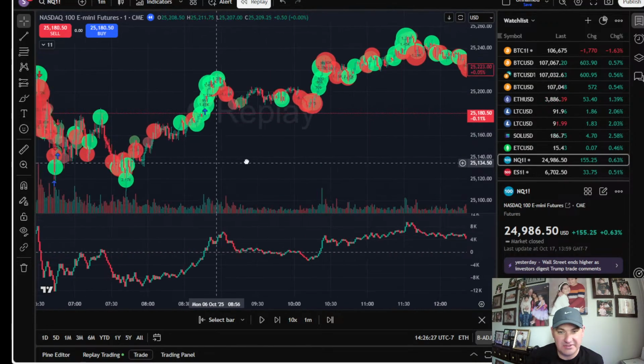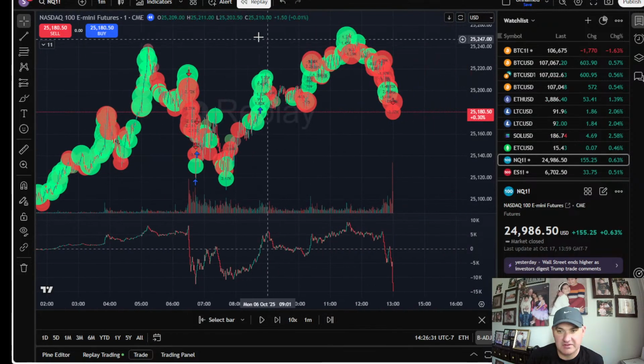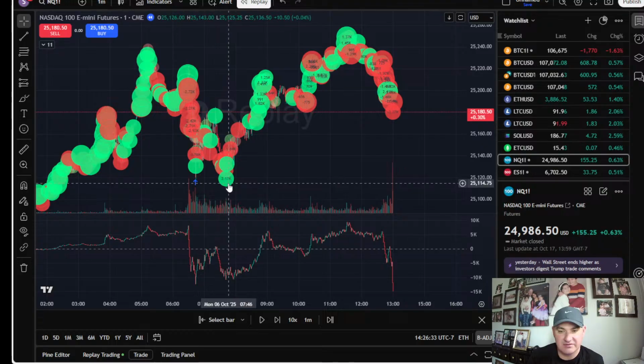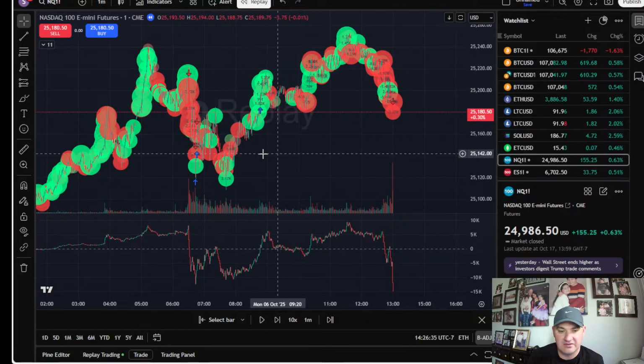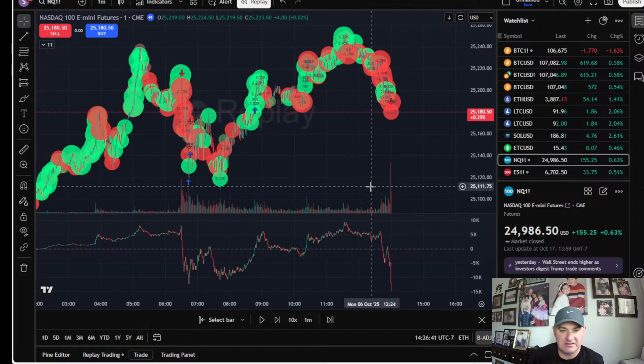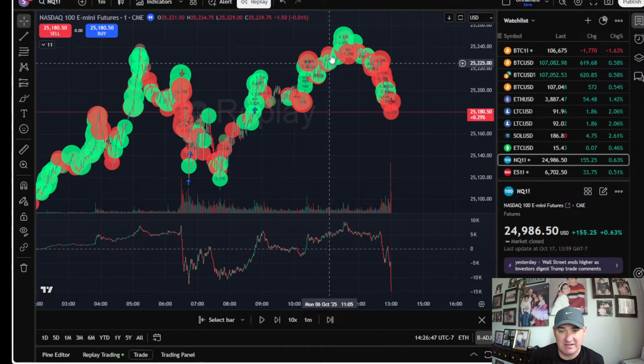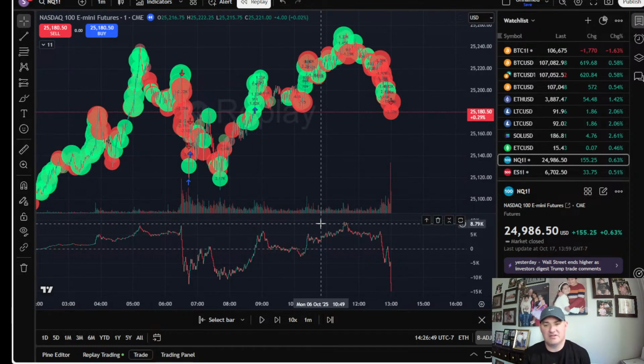If you're going to go 3-to-1 in a market that's only going to move from low to high, like you can see this day was only 120 points. Why would you be going for like max win? It doesn't make sense. Especially when you're just trying to get in somewhere in the middle.